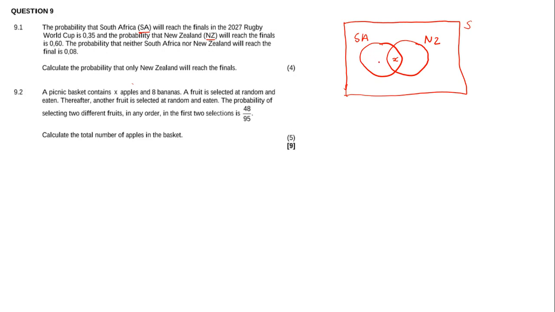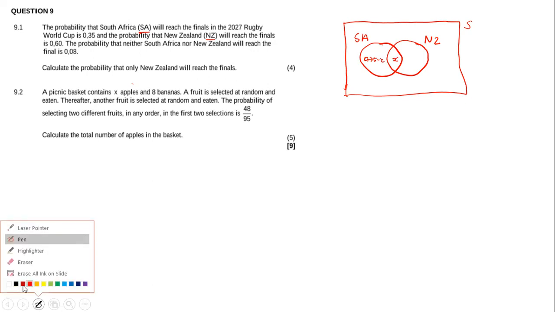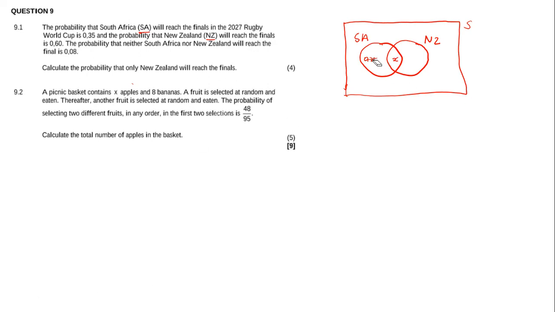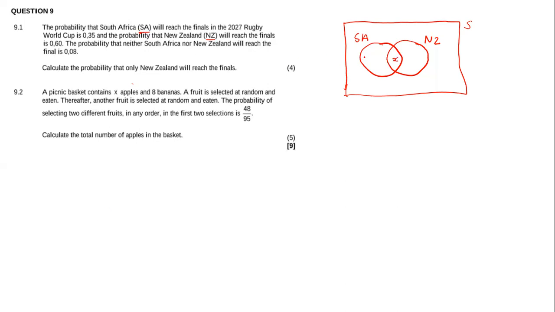So that means the probability of SA only will be 0.35 minus X. Let me rewrite this correctly so that you can all see it clearly. It's going to be 0.35 subtract X. I'll just write it over there.